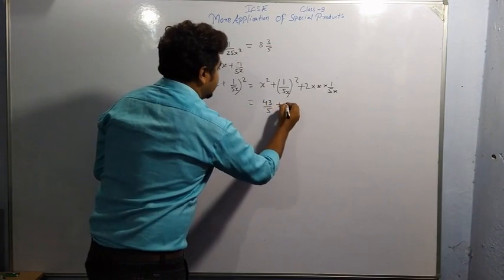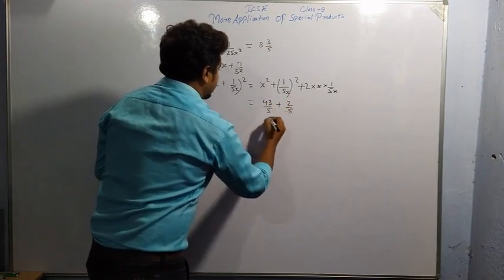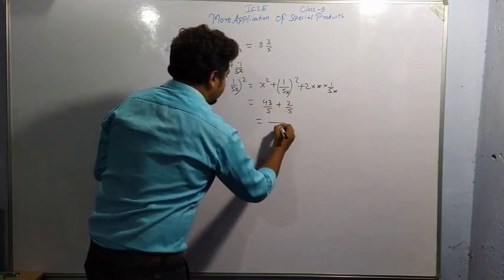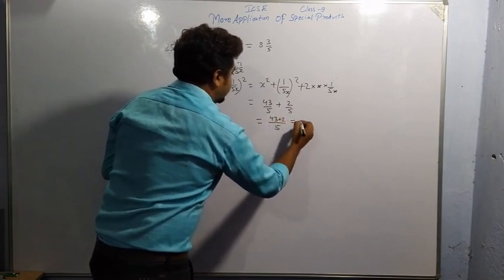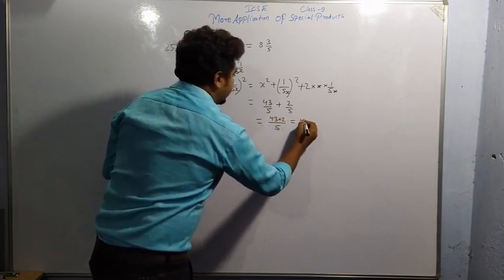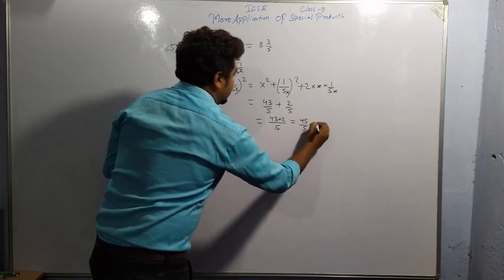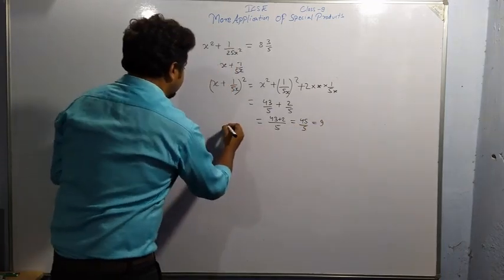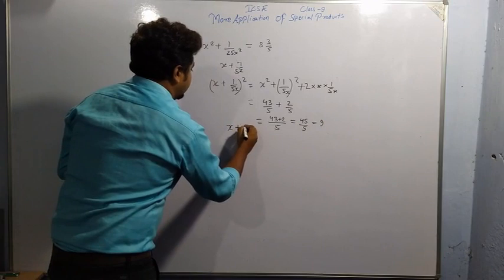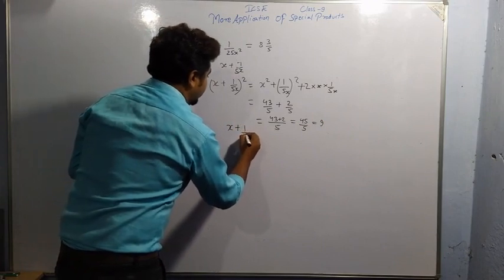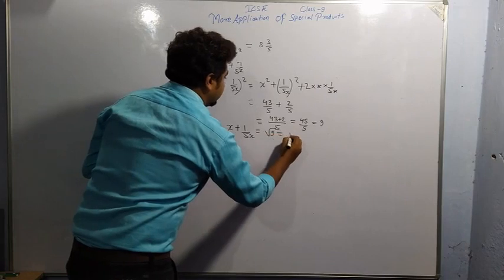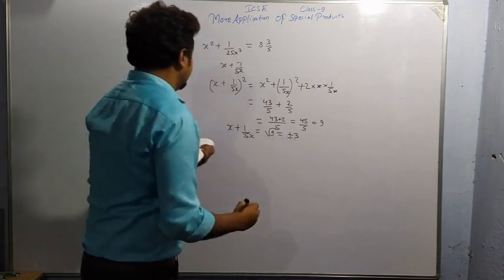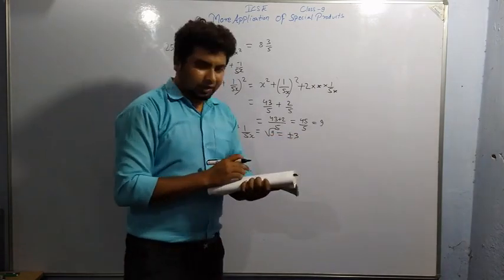And this value we know is 2 by 5. So from here, taking 5 as LCM, 43 plus 2 comes out to 45. 45 by 5 is coming out to be 9. So we will be taking the square root of this, x plus 1 by 5x will be equal to root of 9, which is coming out to be plus minus 3. So this is question number 25.